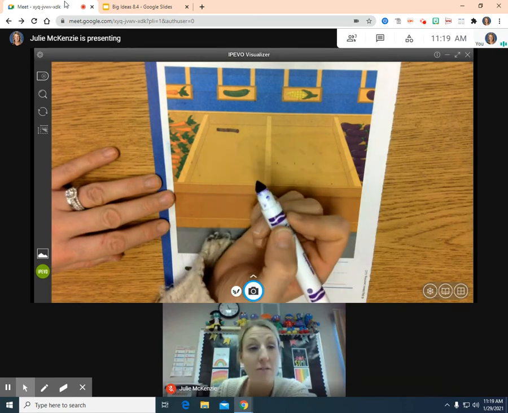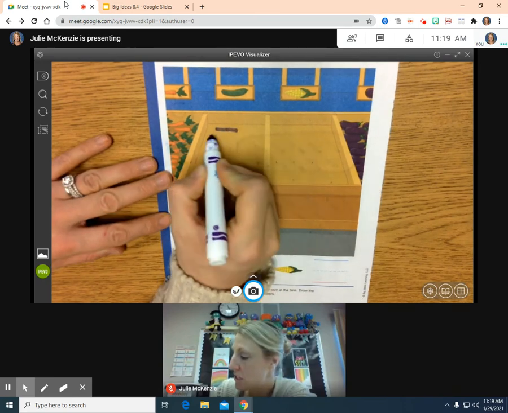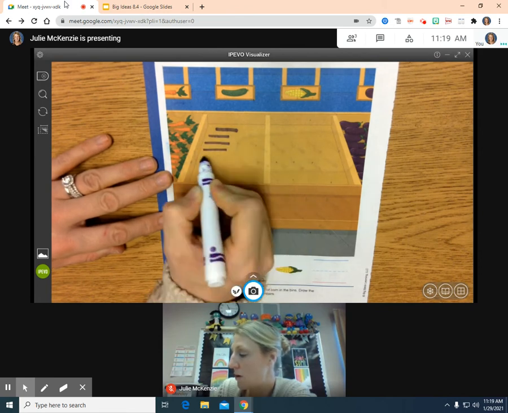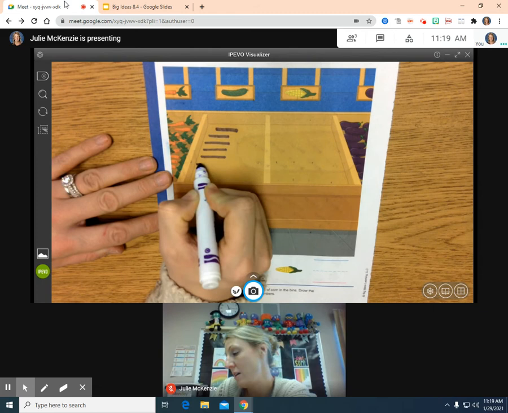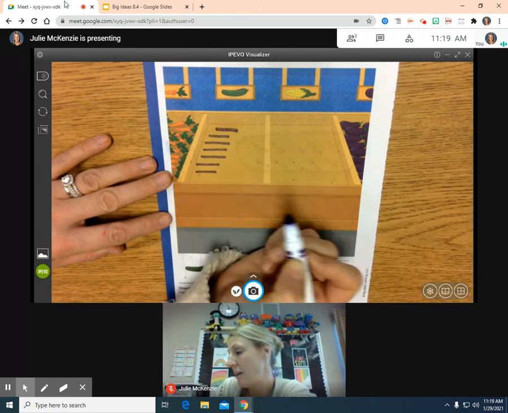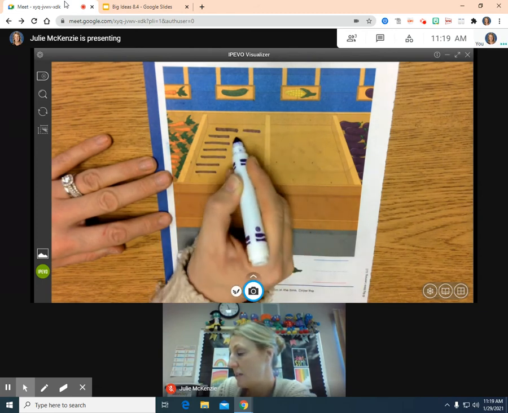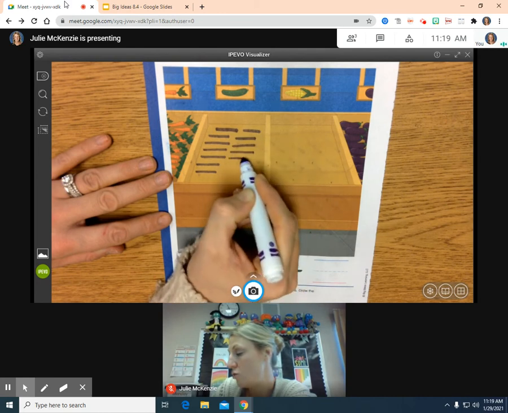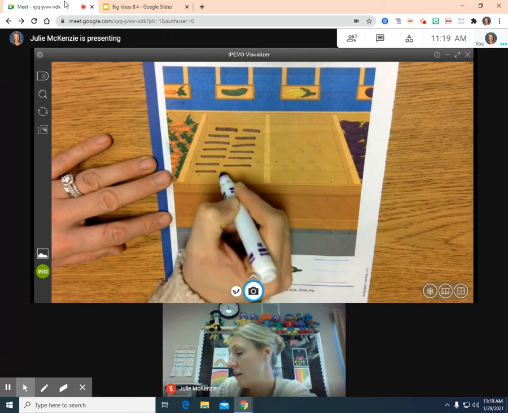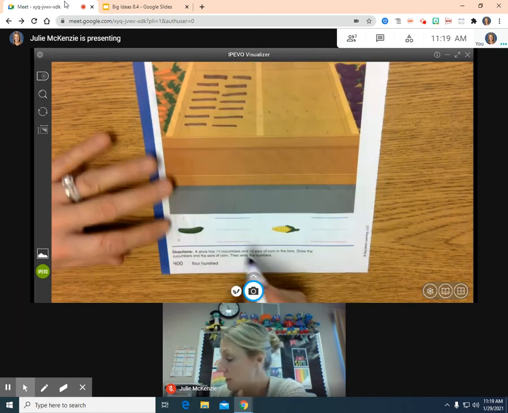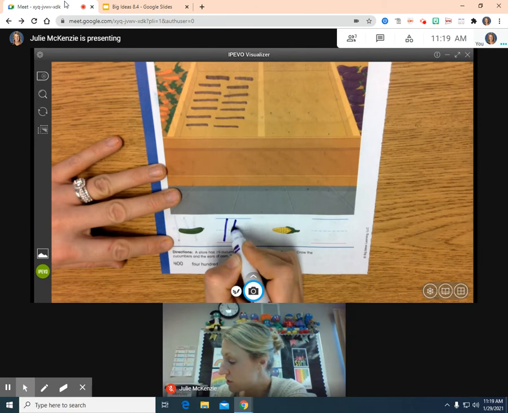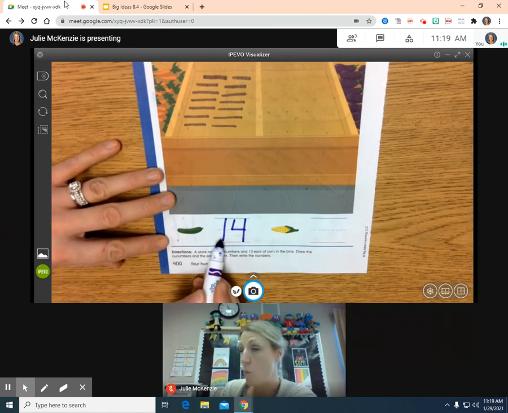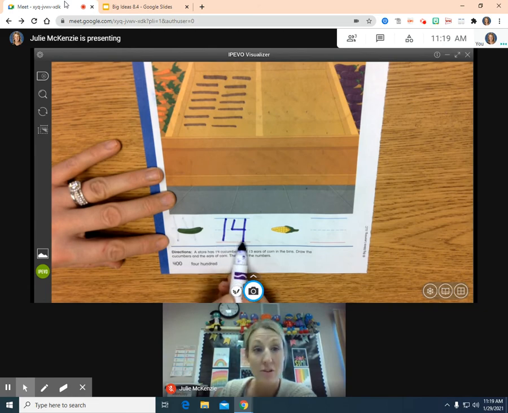So I'm going to make 14 of them. 1, 2, 3, 4, 5, 6, 7, 8, 9, 10, 11, 12, 13, 14. And then I'm going to write a 14. A 14 is a 1 and a 4. There's a group of 10, one group of 10, and 4 left over.